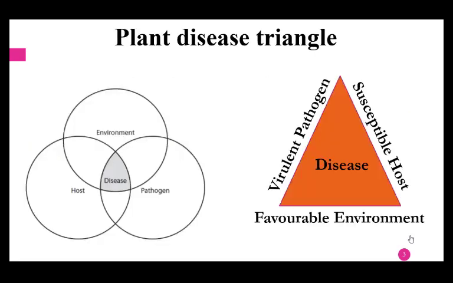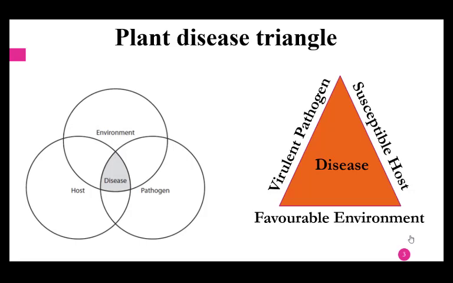The conditions necessary for pathogenic diseases: in order for a pathogenic plant disease to occur, three conditions must be met. These conditions are, first, the host plant must be susceptible.